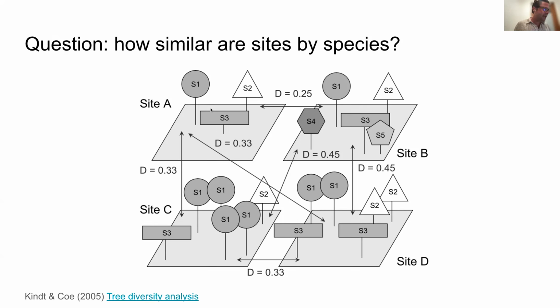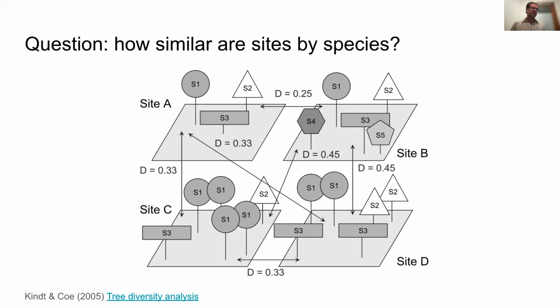So site A has species 1, 2, and 3, and only one of each. Site B has more species richness, so it's got 1, 2, 3, 4, and 5, and only one of them. Site D has 4 species, and 2 of them have 2 each. So the question is, how would we compare these different sites, and how might we cluster them?